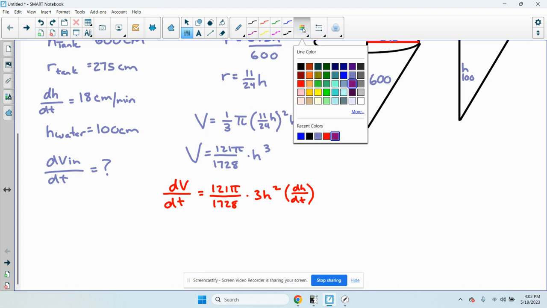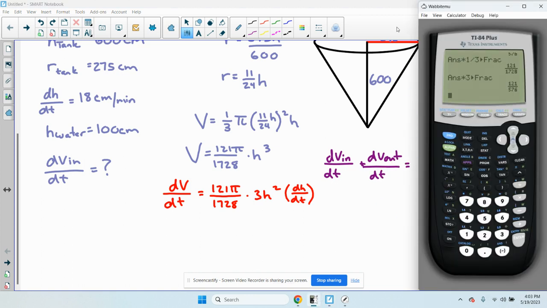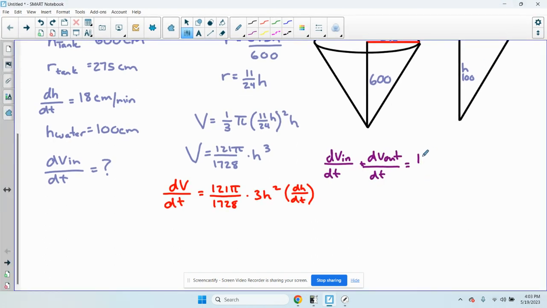So let's find a different color. So this is dv in over dt plus dv out over dt equals 121 over 576. That's the 3 times this, h squared dh dt. Okay, we've come a long way.